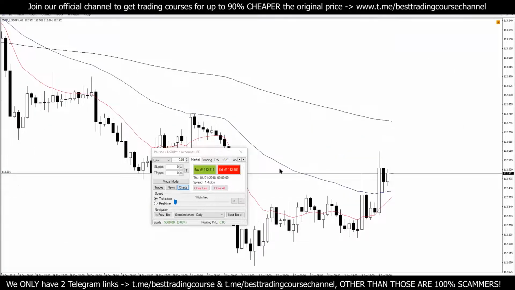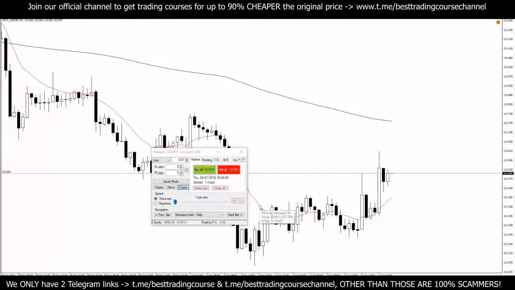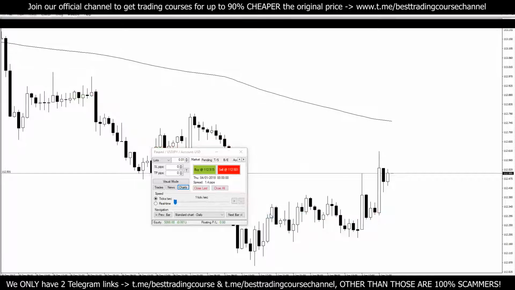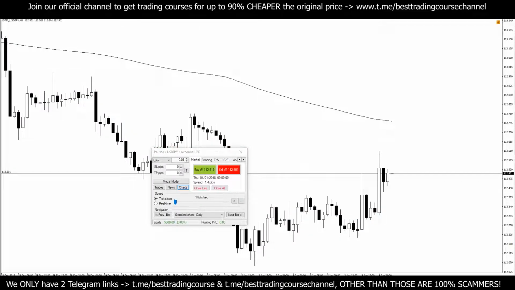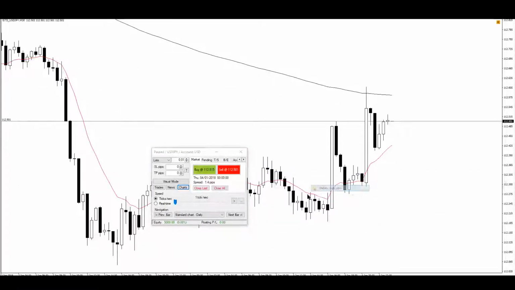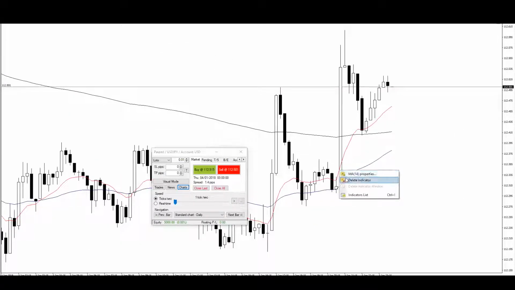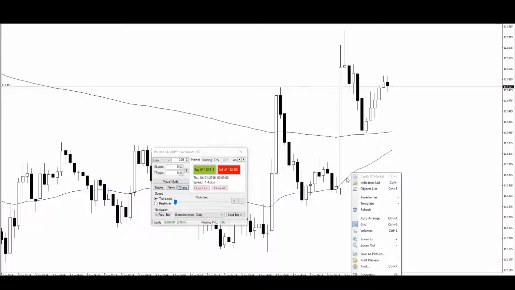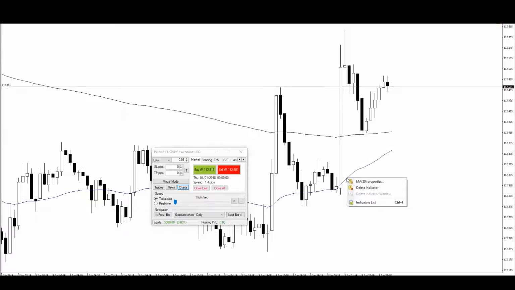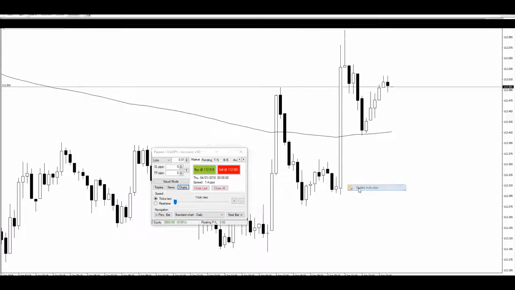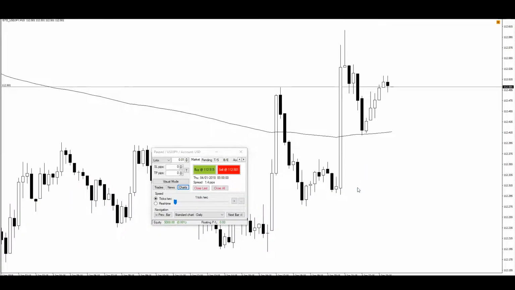Go to 1 hour, remove EMAs. Then go to 30 minutes, remove these EMAs. Go to 15 minutes. Yeah, it's really boring, right? Trading is boring too, just like this. Okay, perfect. So we got this.